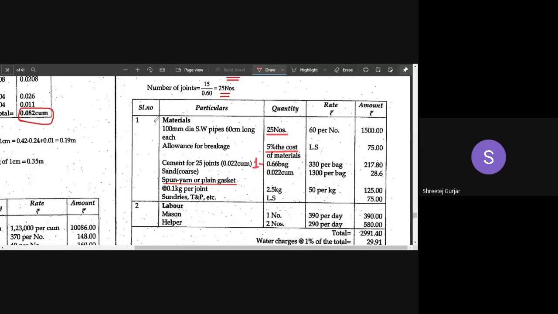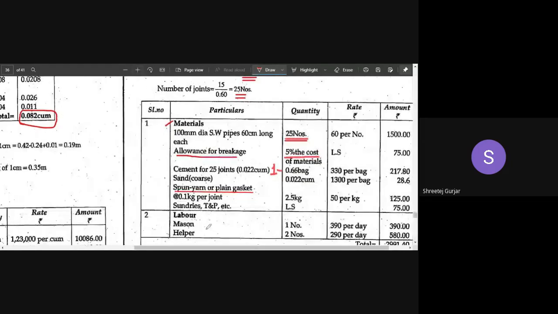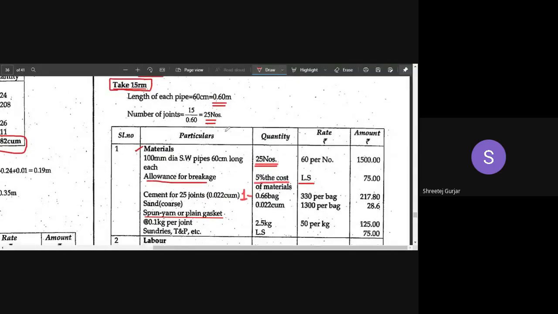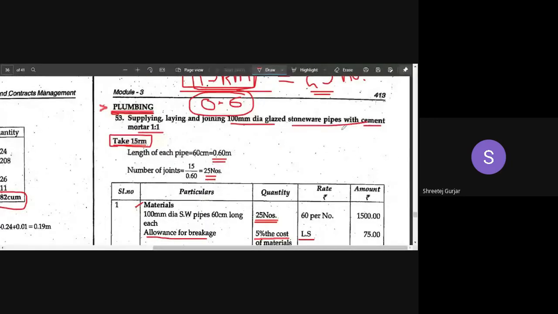Coming to material calculation, we have to write down the number of pipes that are required, that is 25 pipes, and then keep some allowance for breakages. For breakages, that is 5% of the cost, we will keep as a lump sum. Now we require cement for joining of these stoneware pipes, and mortar that is to be prepared with this cement.